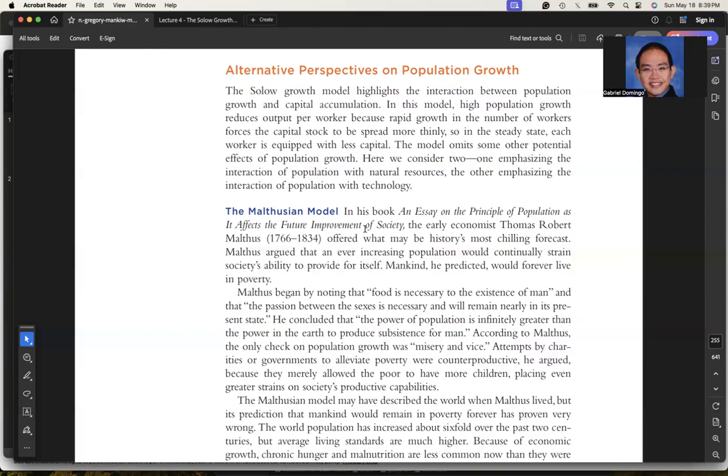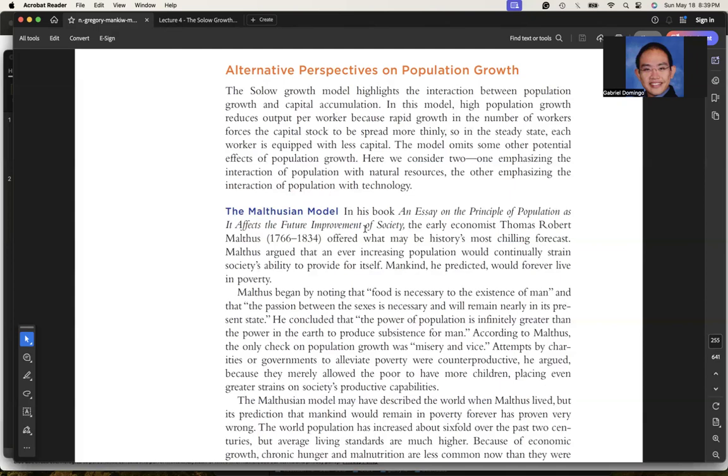Therefore, in the steady state, it will be the same. In the Solow model, as well as the Malthusian model, the growth of output per worker will eventually be 0, right? The Malthusian model just has an additional assumption that it's not just that our steady state output per worker is lower.